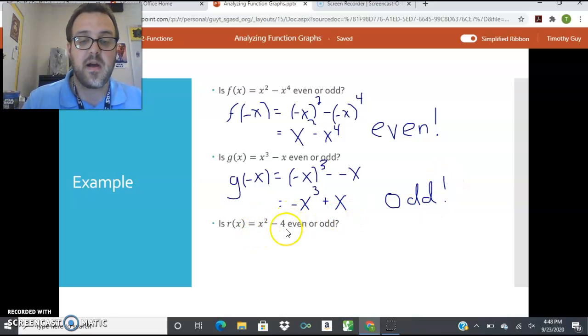Last but not least, we have this problem right here. I'm actually going to change this a little bit. We're going to put an x here, it's a little bit of a typo on this slide. So it's going to be x squared minus 4x, and we're going to test it to see if this one is odd or even by putting in a negative x.